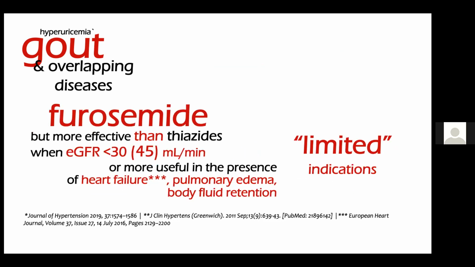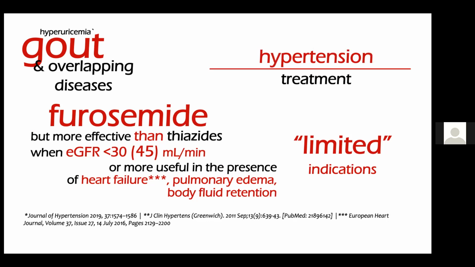Again, one of the learning points or take-home messages from last week was that we needed to remember that furosemide is not a first-line therapy for hypertension, but there will be specific limited instances where we will call upon furosemide to help us manage hypertension.